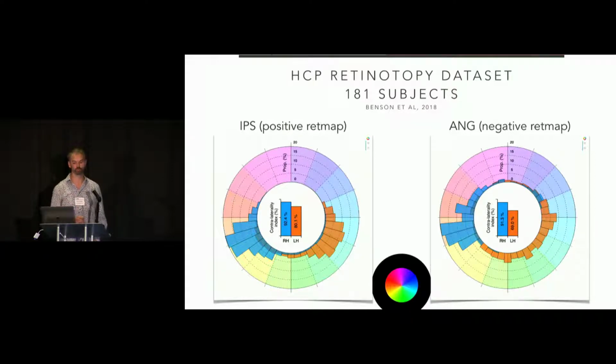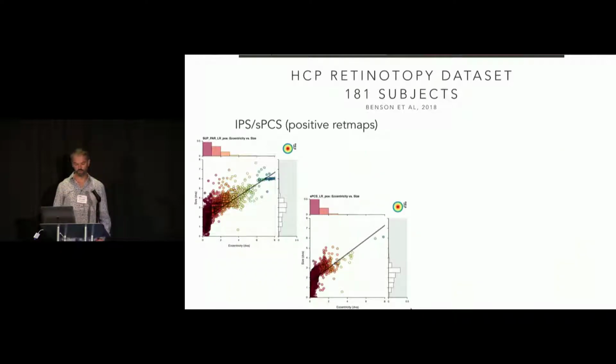Now, another property of visual field maps is that whenever a cortical location, a neuron or a voxel in this case, responds to a visual field location close to the fovea, it will have a smaller receptive field. And whenever it's further in the periphery, it will have a larger receptive field. Now, this translates into a very nice correlation for standard visual field maps between the size of a population receptive field and its eccentricity.